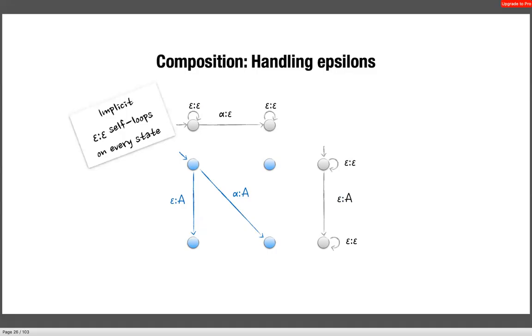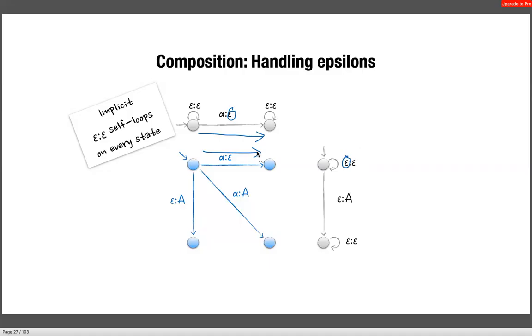And then you produce A as an output, and that results in this transition. Similarly, you'll have these implicit epsilon self loops on every state, and so you'll also have a transition that looks like this, where you've taken this particular transition in M1, produced epsilon as an output, and then you consume that epsilon and still produce epsilon and stay in the same state. And so you have this as your resulting transition in the composed machine.